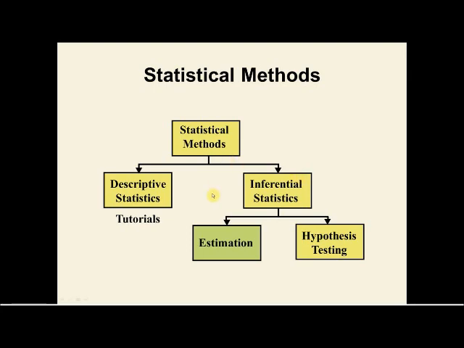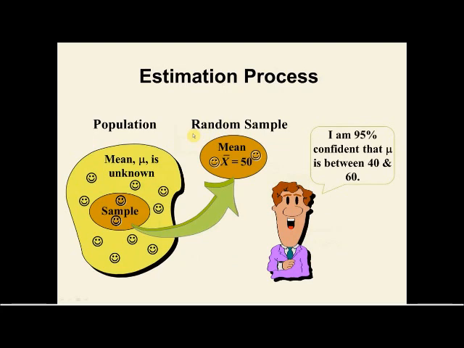The general theme is that we have a population of things we're interested in, and from a sample of that population, we look at the descriptive statistics and use them to say what we can infer about the population. The two main methods we're going to look at are estimation and hypothesis testing. They're both related, so let's start with estimation.